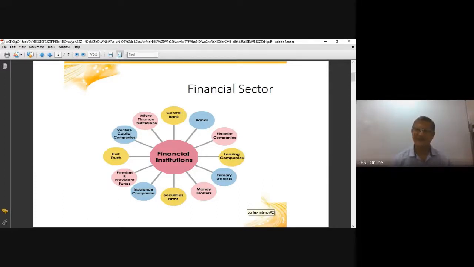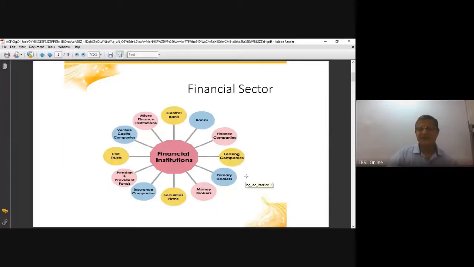Banks are called licensed financial institutions. We also have licensed finance companies and leasing companies. They are called non-banking financial institutions. So we have banks, finance companies, and leasing companies.